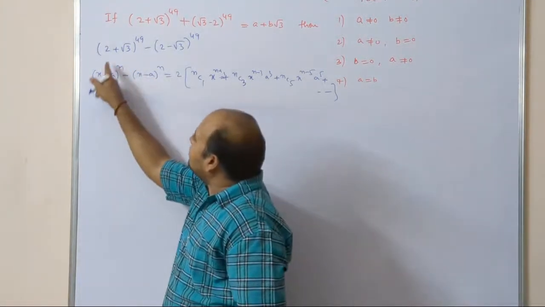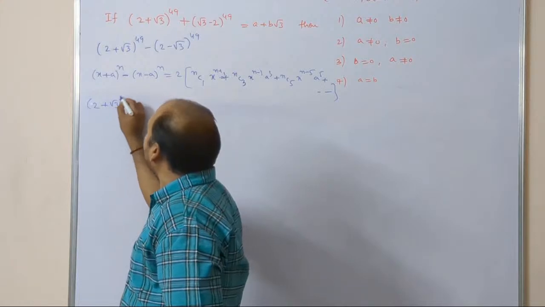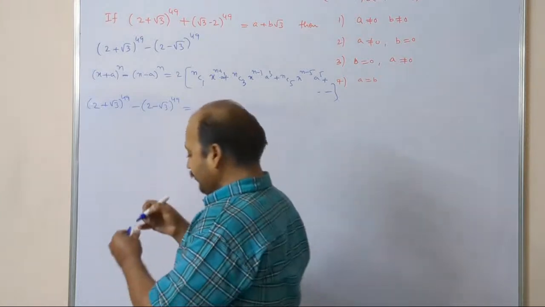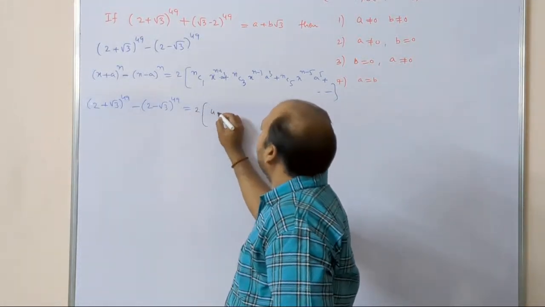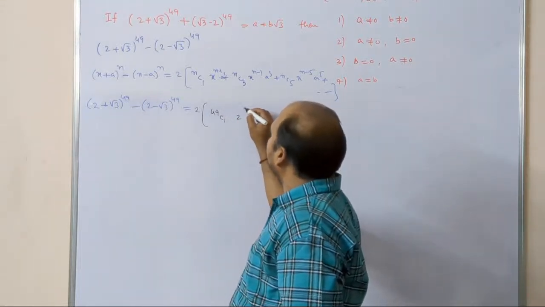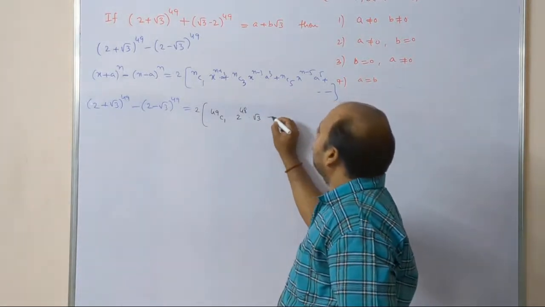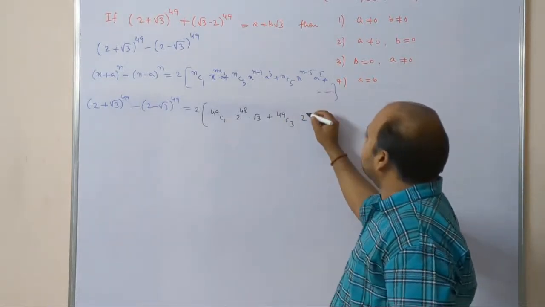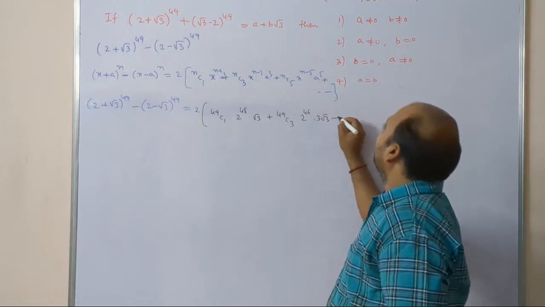In place of x, 2, and in place of a, root 3. I am writing now (2 plus root 3) whole power 49 minus (2 minus root 3) whole power 49 equal to 2 times of 49C1 2 power 49 minus 1, so 48, into root 3 whole power 1, plus 49C3 2 power 49 minus 3, 46, into root 3 whole cube, so 3 root 3, plus and so on.